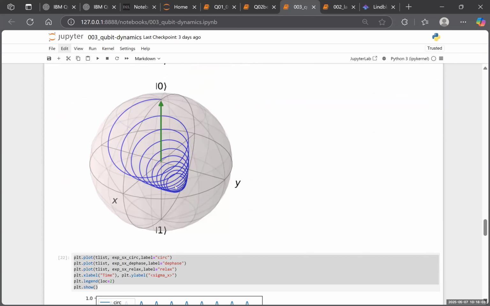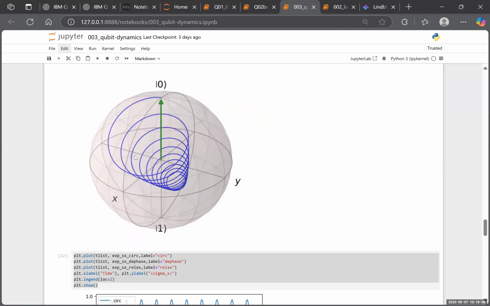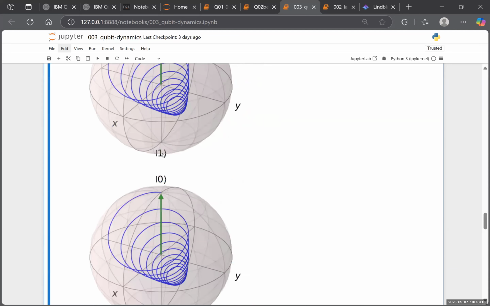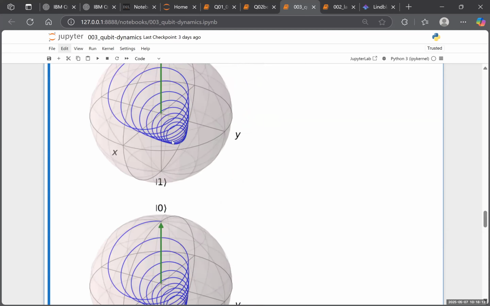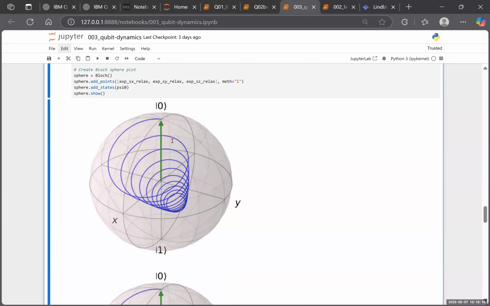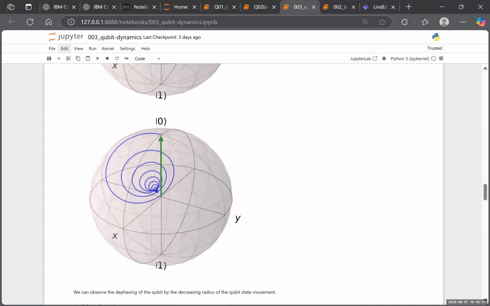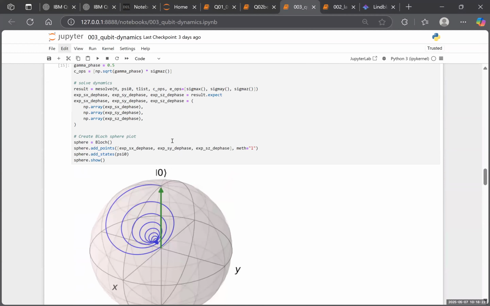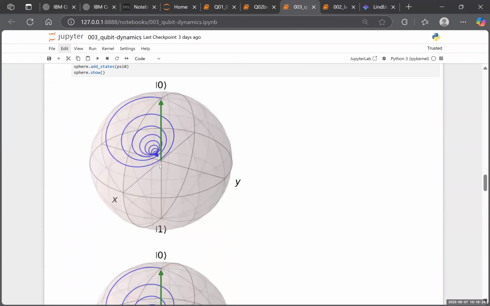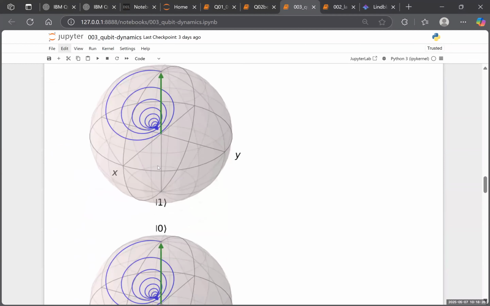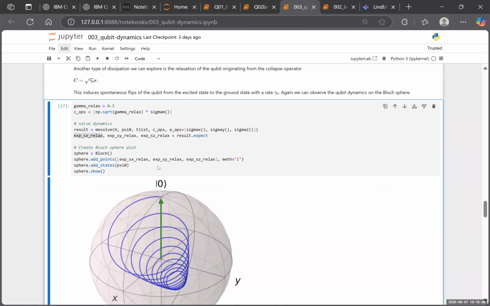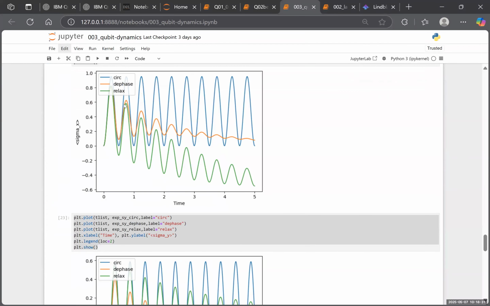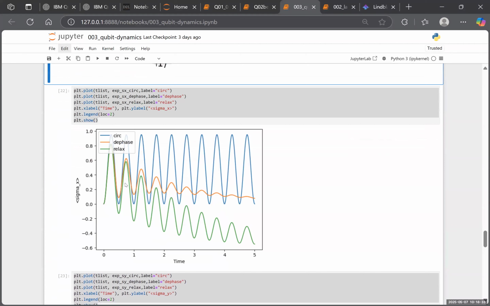So this is hard to see. Maybe can we rotate this? No, we cannot move this. This one is for dephasing. For dephasing, the x goes to 0.